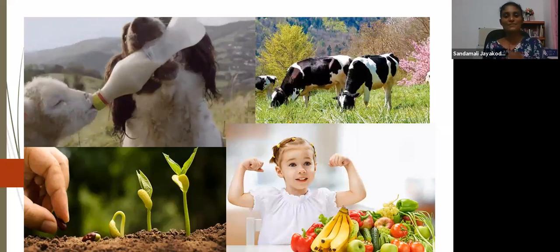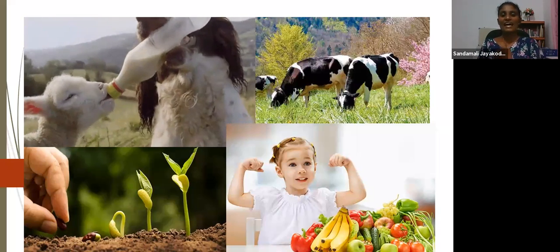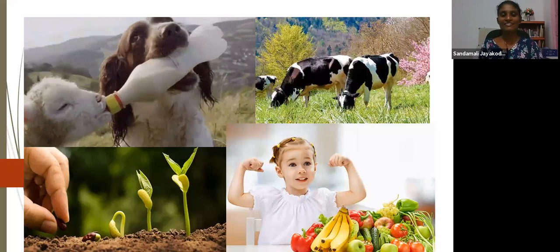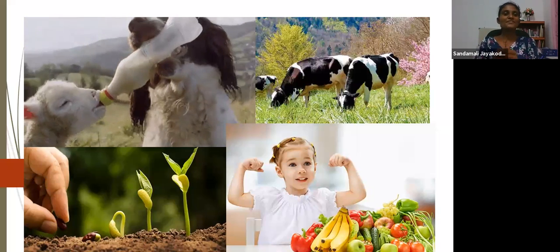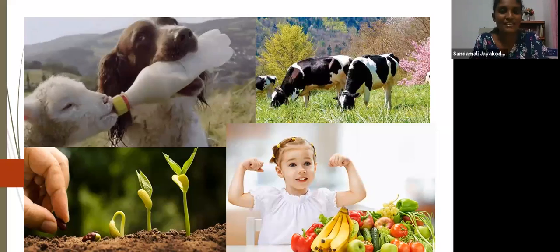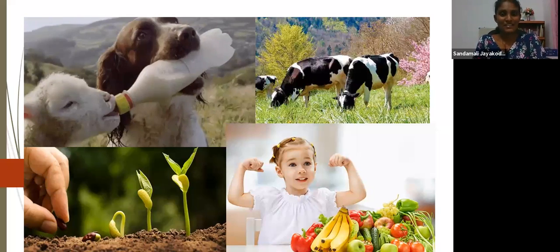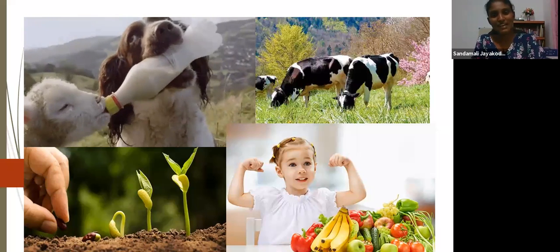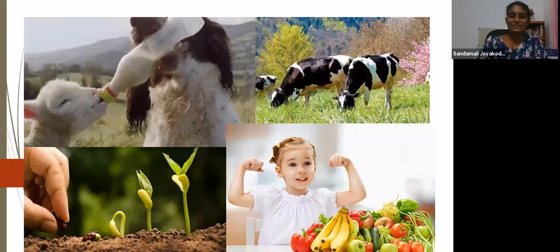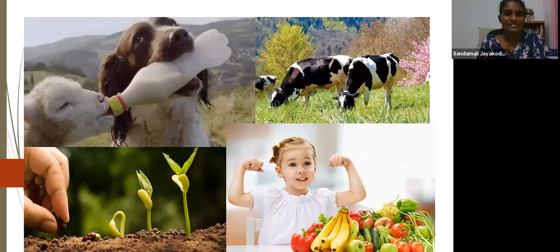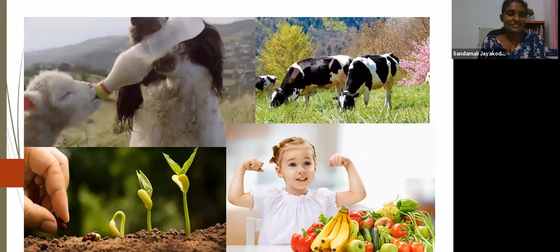In this way they absorb different things, and importantly they produce food in themselves, which we can't do in our bodies, but plants can. So that special process is today's lesson.